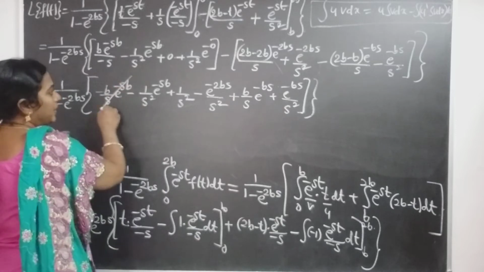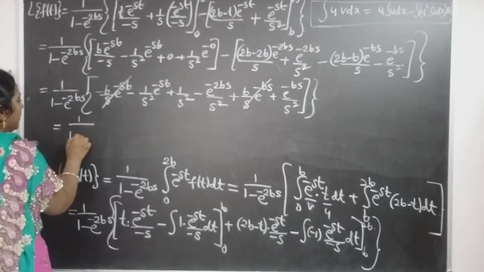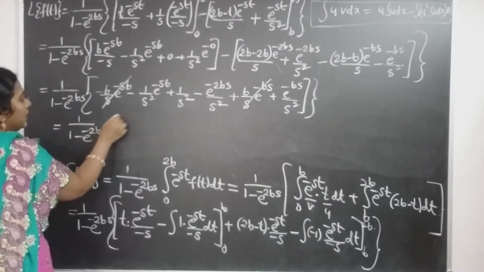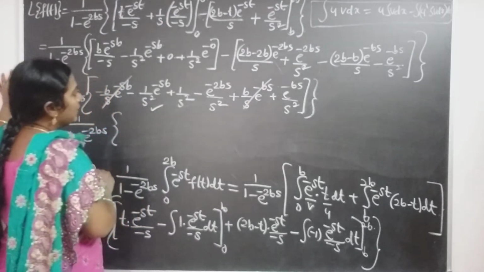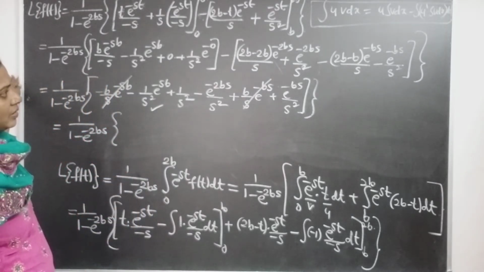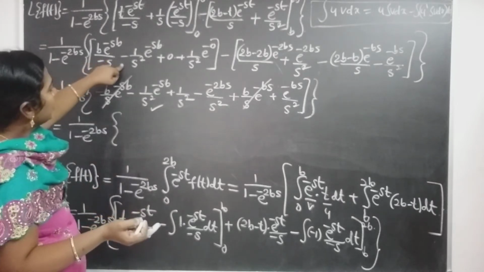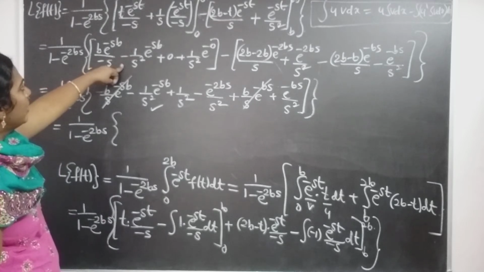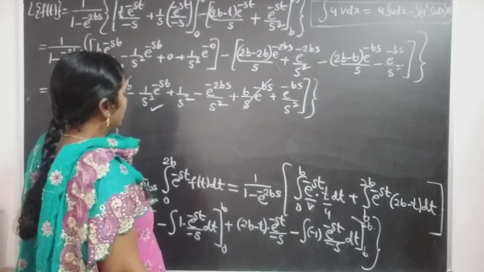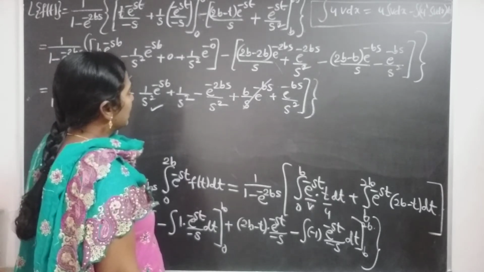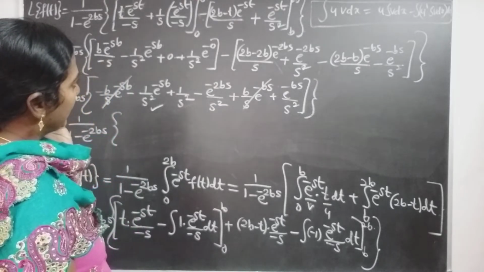Here minus b by s plus b by s get cancelled, is equal to 1 by 1 minus e power minus 2bs. Here minus 1 by s square minus into minus plus, here is minus 1 by s square e power minus sb, 2sb, plus upper limit minus lower limit.